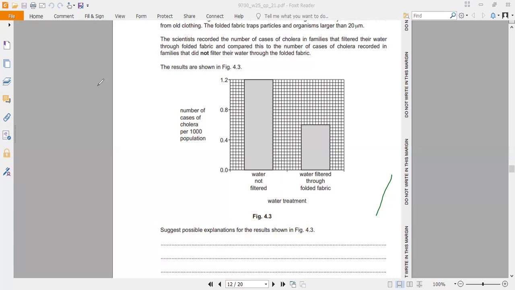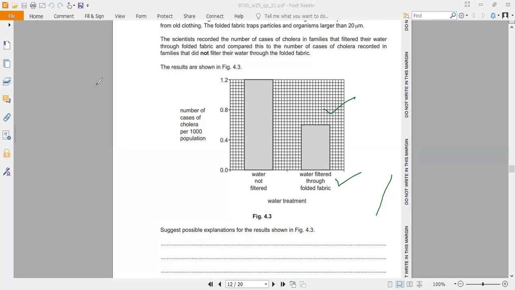On the other hand, in the small bar, the number of cases of cholera per 1,000 population is about half. So they filtered the water.